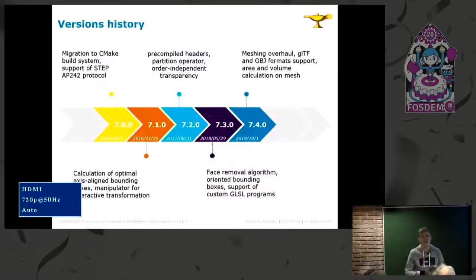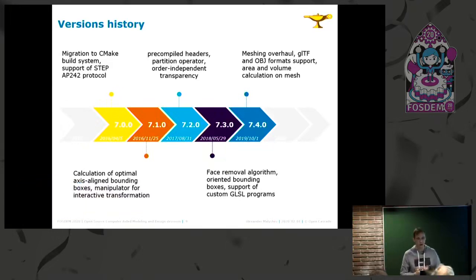Well, there are some nice features which have been added in the latest releases, and I would like to attract your attention to them. 7.0. We migrated from our own build system to the well-known CMake build system. I have to be polite here, but when I entered the company several years ago and I was faced with our build system, well, I could say it was unfriendly to newcomers.